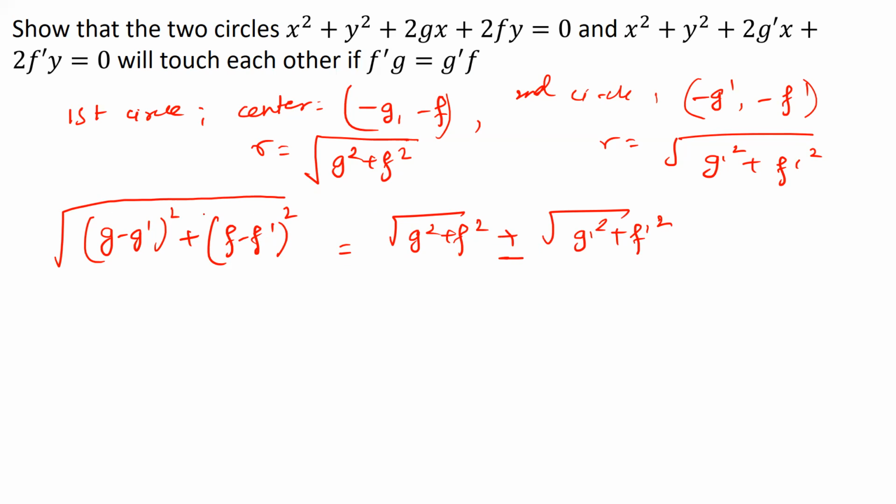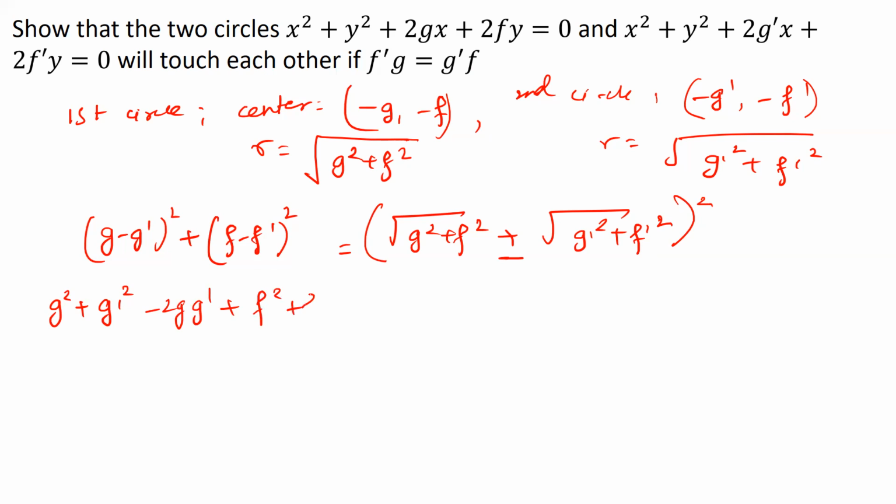Now what I do, I square both sides. The root on the left side disappears and on the right side I have a square. Let's open up the squares. So I have g square plus g dash square minus 2g dash, plus f square plus f dash square minus 2f dash.